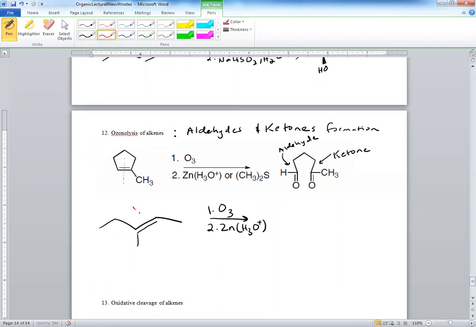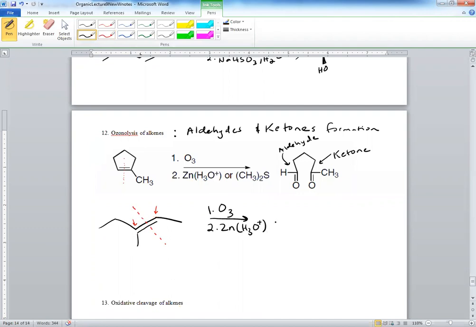Again, you divide this in half. And again, you're supposed to make this a carbonyl and that a carbonyl. So watch the transformation.